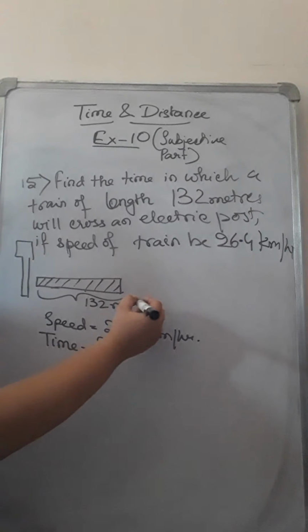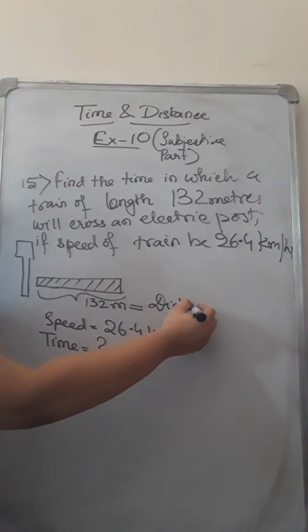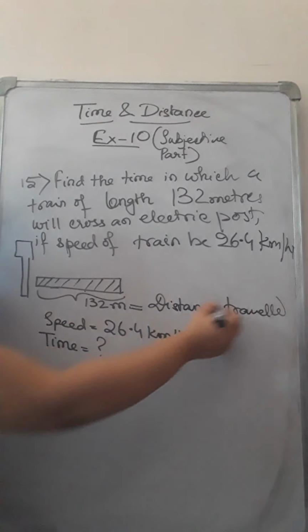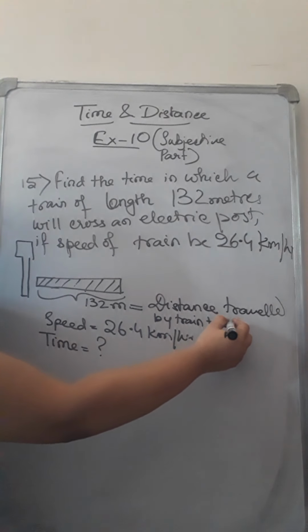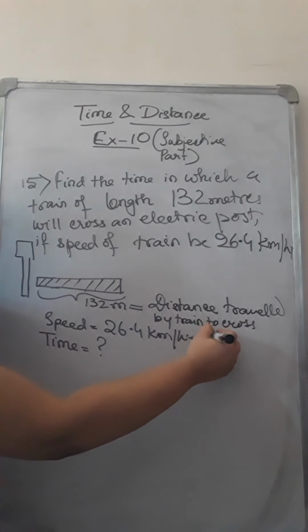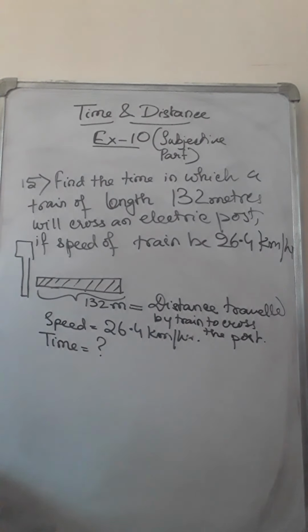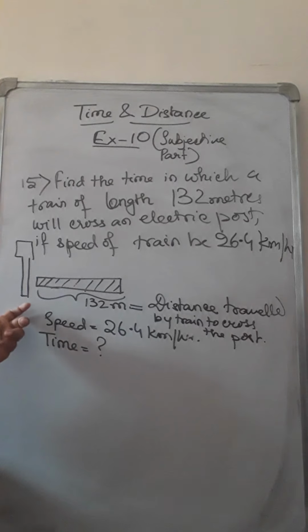It also means it is equal to the distance travelled by the train to cross the post. So from one information you are actually getting two things. It is not only the length of the train, but it is also equal to the distance that the train has moved to cover up or to cross the electric post.